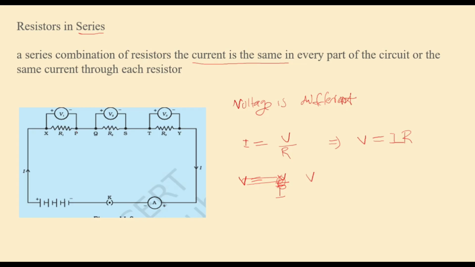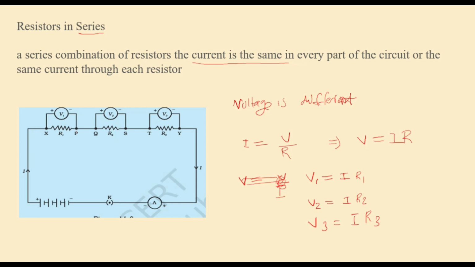Across resistor R1, the voltage V1 is equal to IR1, V2 is equal to IR2, V3 is equal to IR3. These are the voltages across the R1, R2, R3 resistors.